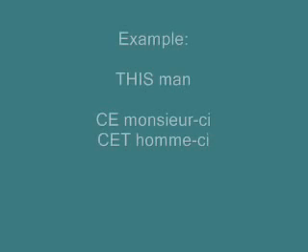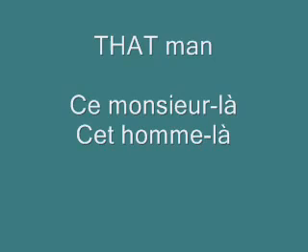So for example, if I wish to say this man, and I intend to really imply the fact that he is close to me, I will say ce monsieur-ci, and the ci here is really there to emphasize the fact that he is close, like at a very close distance. If I say ce monsieur-là, là means there, it will be that man over there.